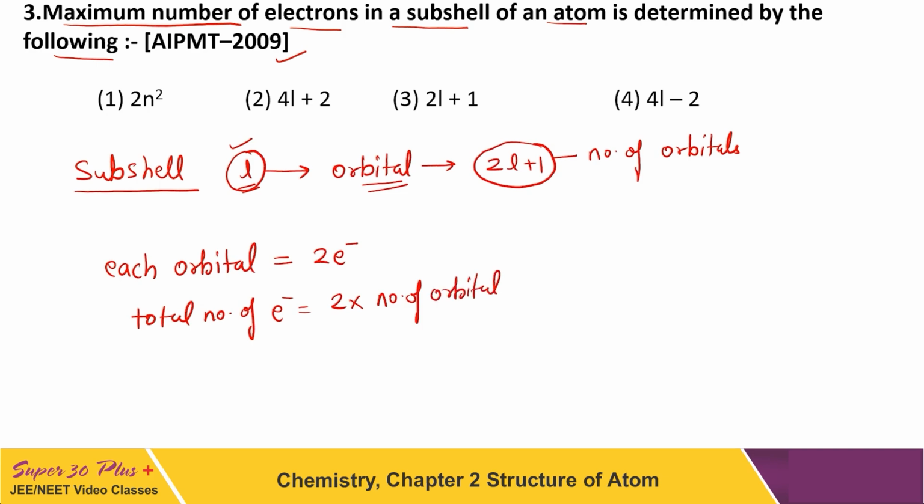Whatever the number of orbitals we have, the number of electrons will be twice that. So 2 into 2L plus 1, and the solution will be 4L plus 2. This will be equal to what, students? The number of electrons. So the right answer will be option number 2, 4L plus 2.